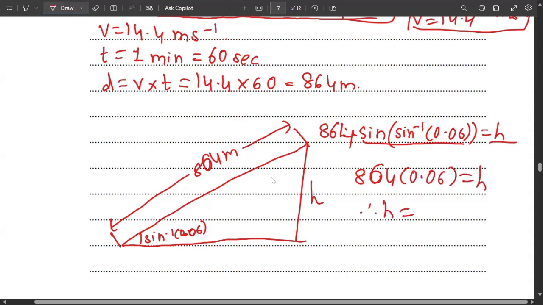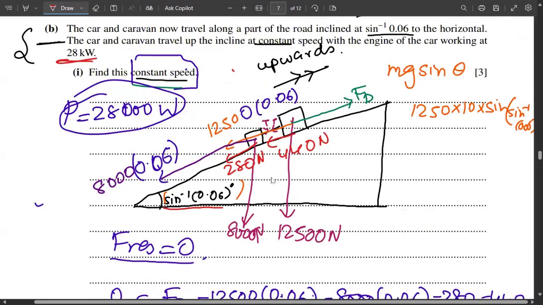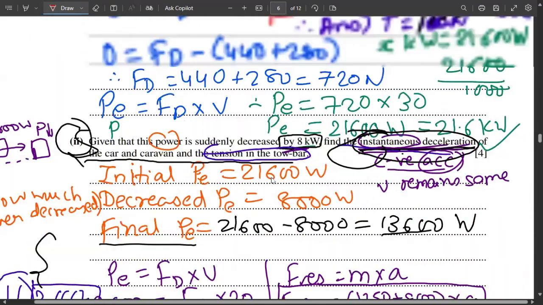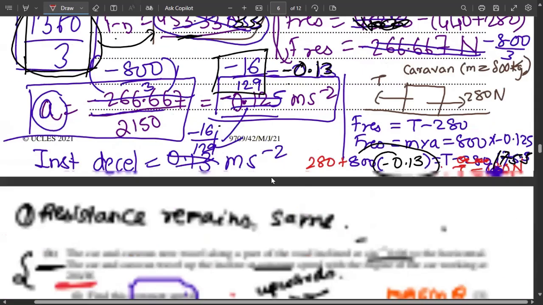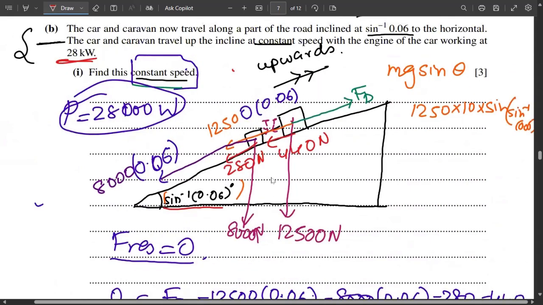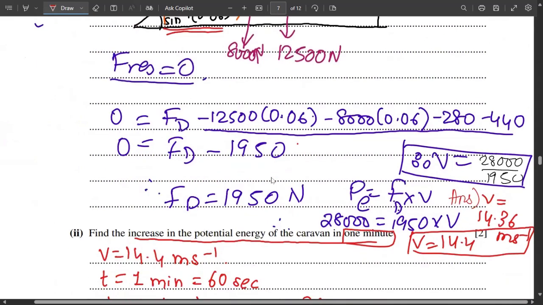Therefore height is equal to... If you don't know the explanation, then see the video for the question for B1. You will get it, because even sine inverse of this was used here and we converted it to 0.06 directly.